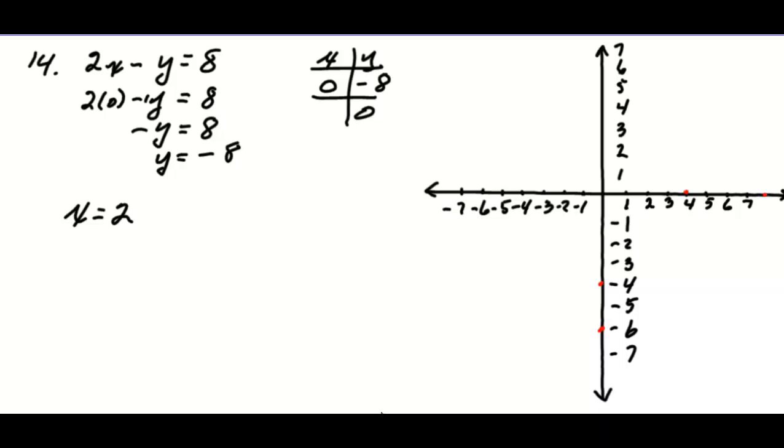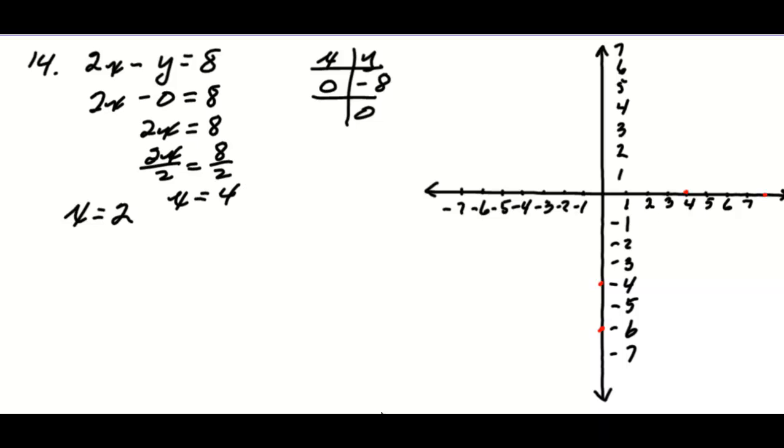All right? Now, what if y is equal to 0? Well, then what you have is 2x minus 0 equals 8, 2x equals 8, 2x over 2 equals 8 over 2, and x equals 4.